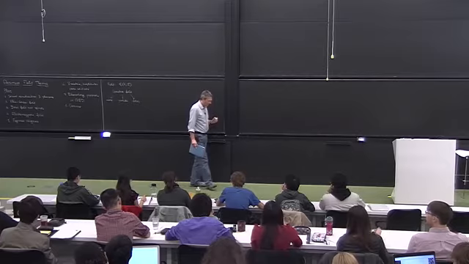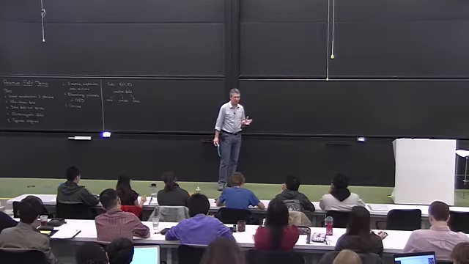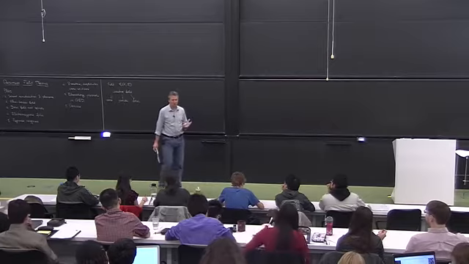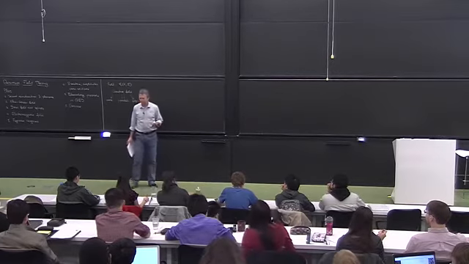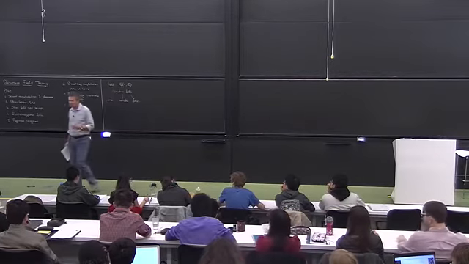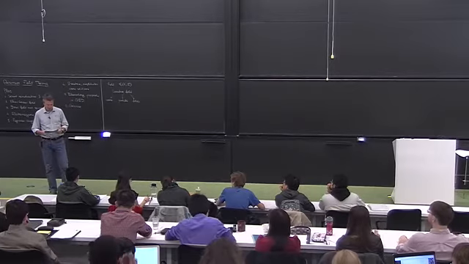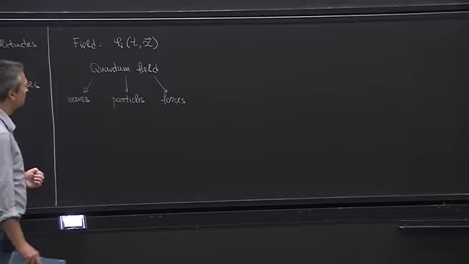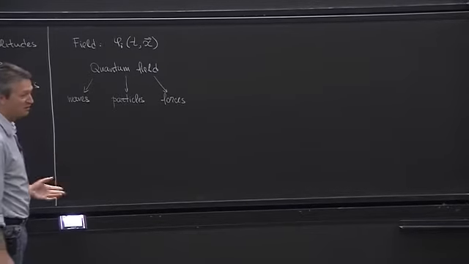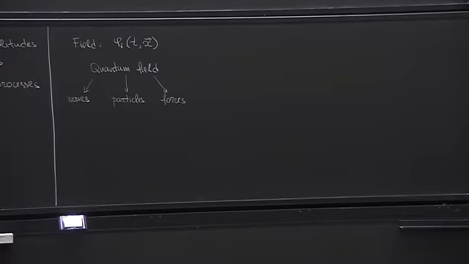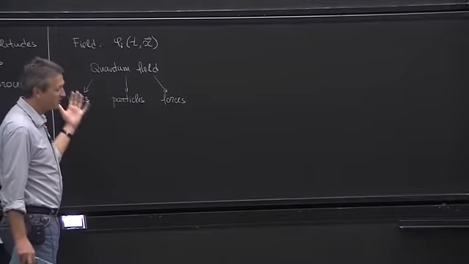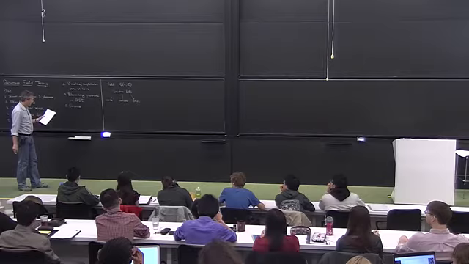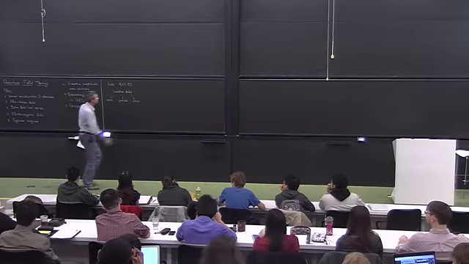However, I'll start with a set of non-relativistic examples, which hopefully would be easier for your intuition. Because, of course, you know what a particle is, what a wave is, and so on. And I'll try to relate all of these things for you by considering some simple examples.